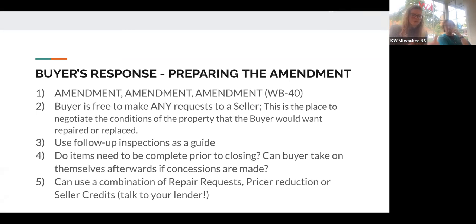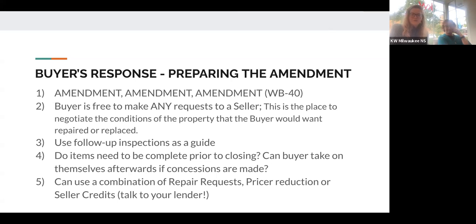So again, you're going to put all of this on the amendment. And I want to go back to point 2, where it says the buyer is free to make any request to a seller. Going back to the point about the real estate condition report, when it's signed, it's not an acceptance of those defects, but an acknowledgement.